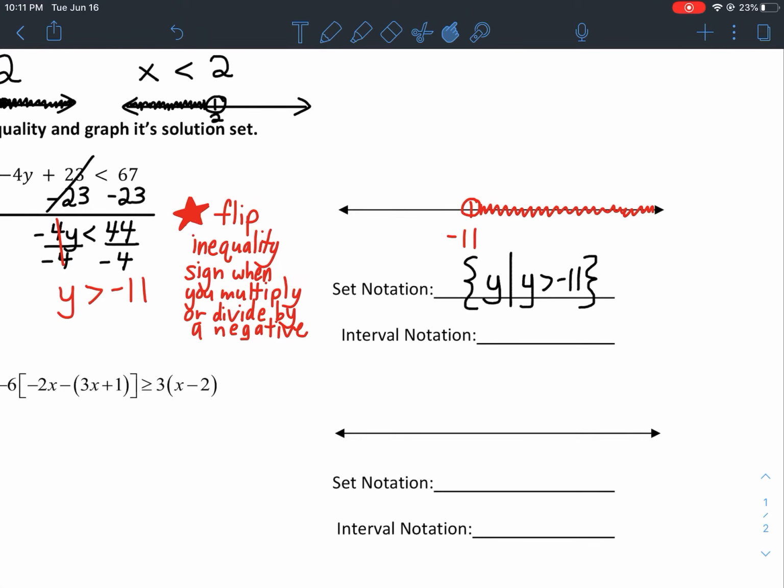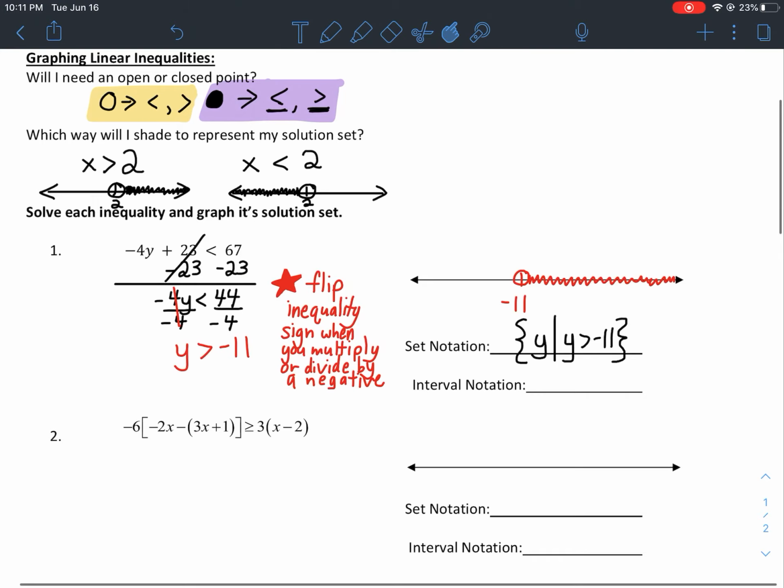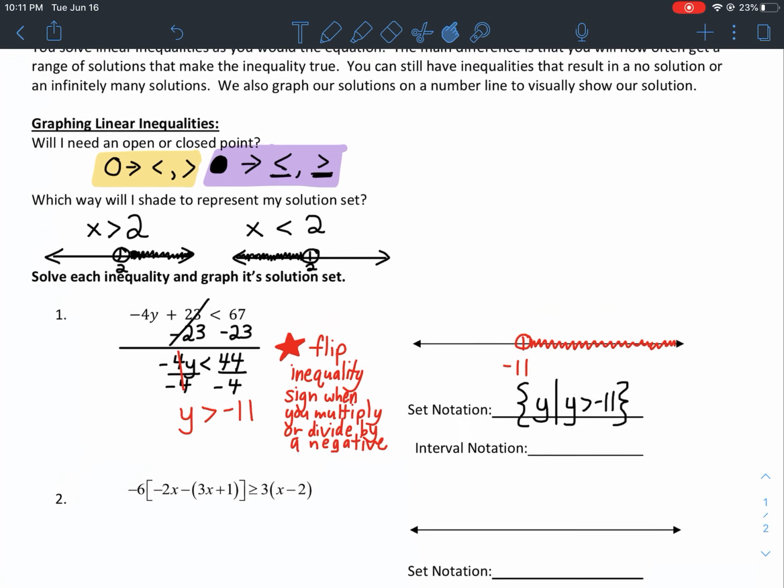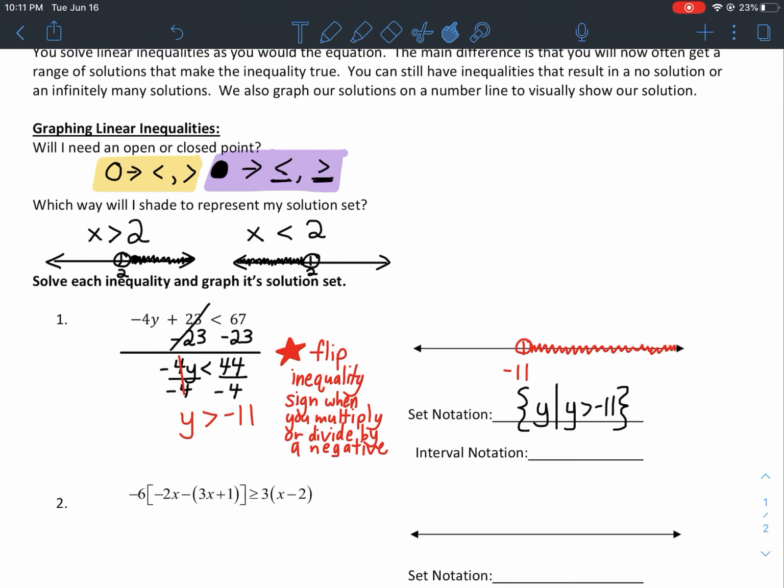Now interval notation is a little bit trickier. So interval notation, the first thing you need to do is consider, is it an open or a closed circle? So if it is open, you are going to use a parenthesis.